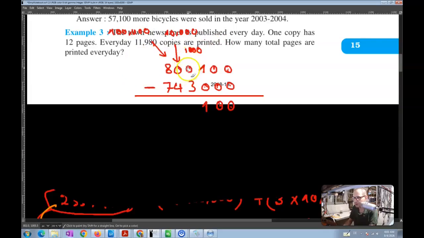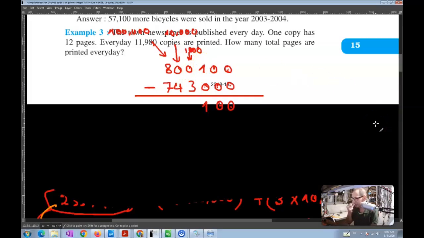Now, I have 0 groups of thousands, 0 groups of 10,000s, and 8 groups of 100,000s in this number. And of course, there is nothing here, so I have to have something here so that I can take away 3 of them.